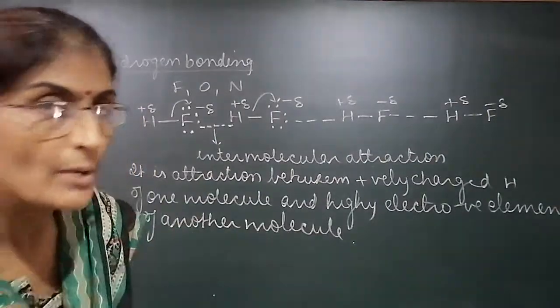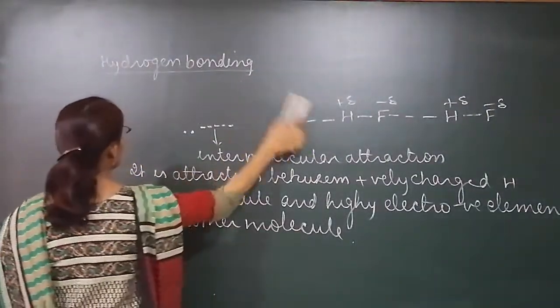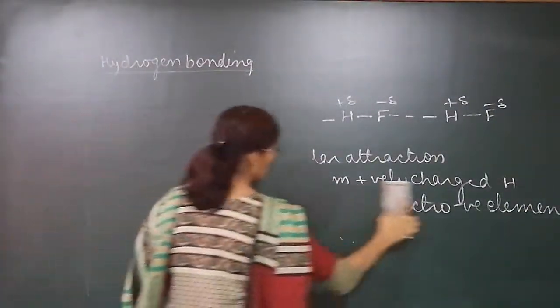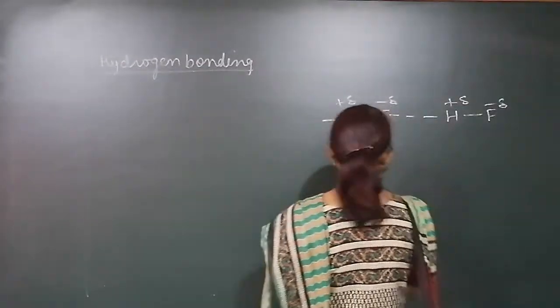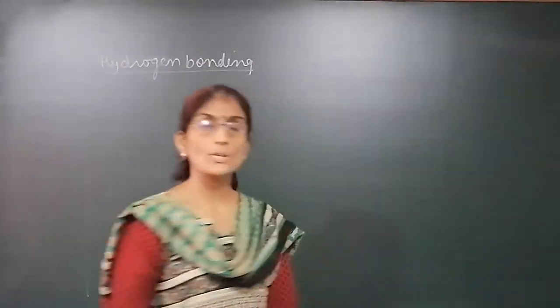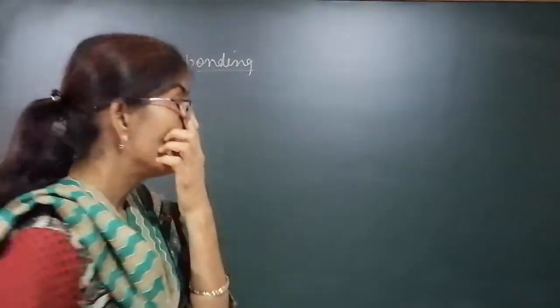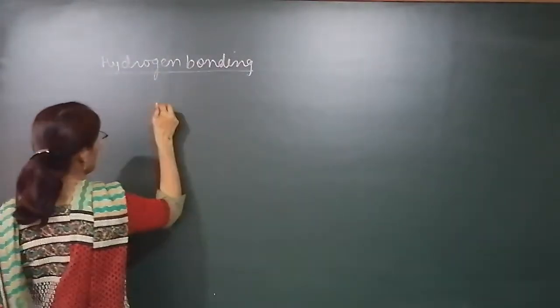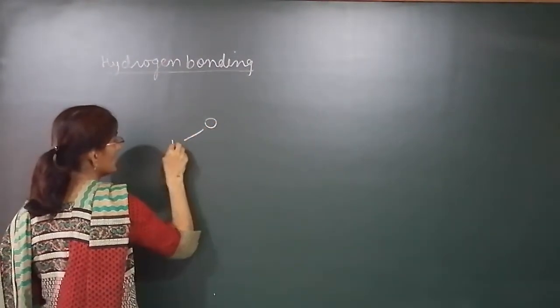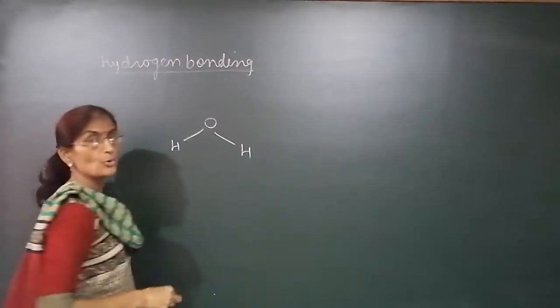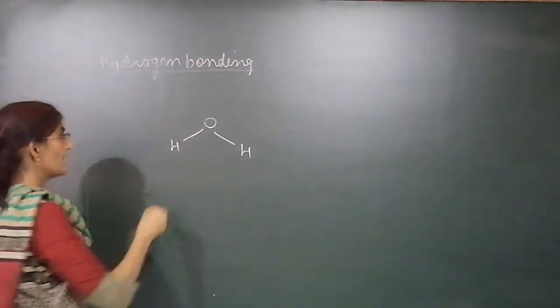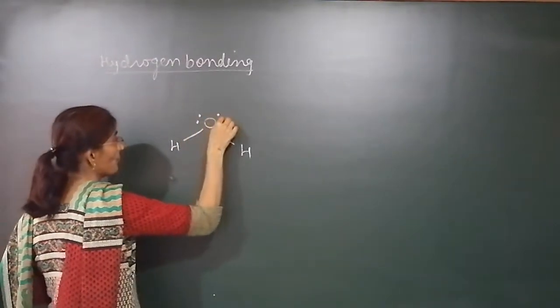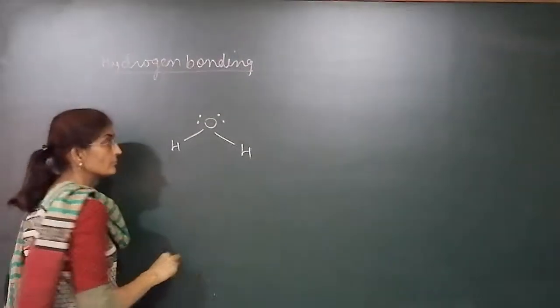Second example for intermolecular hydrogen bond is H2O. In H2O also there is intermolecular hydrogen bond, in the water molecule. We know oxygen is combined with 2 hydrogen atoms and it has 2 lone pairs.